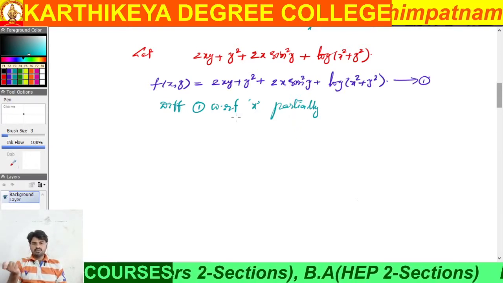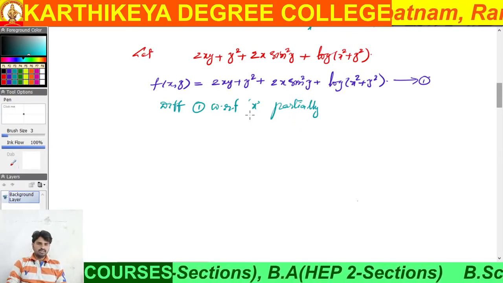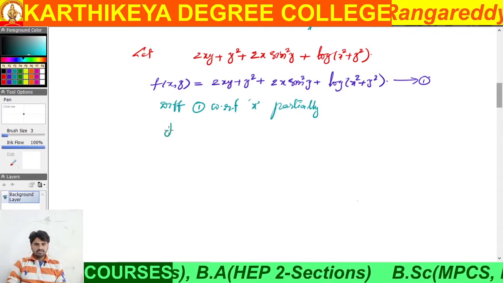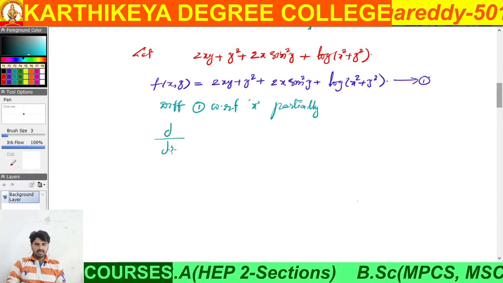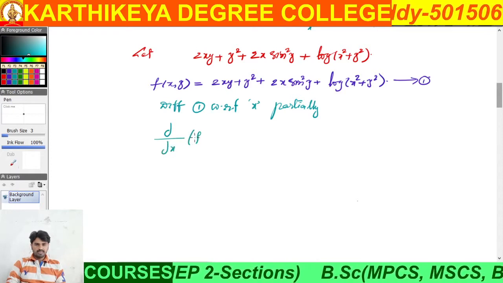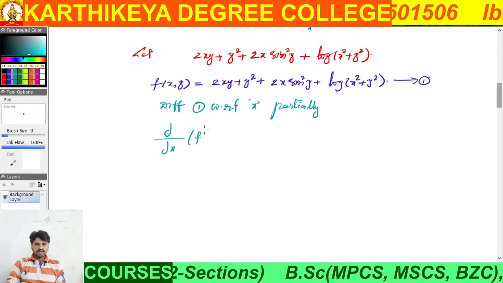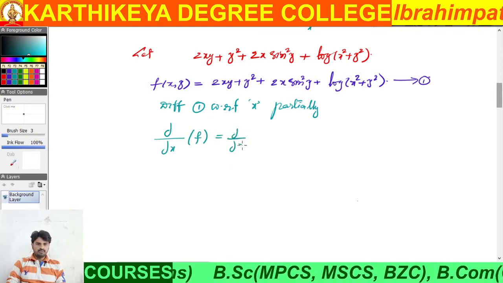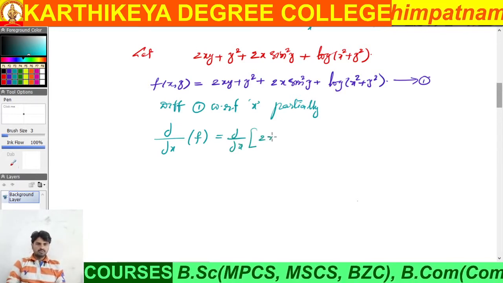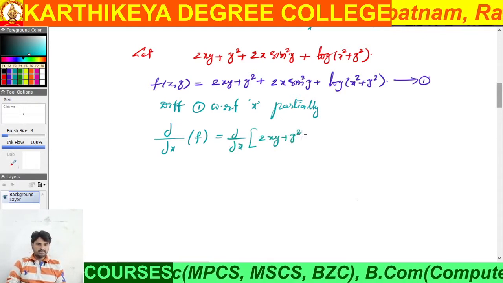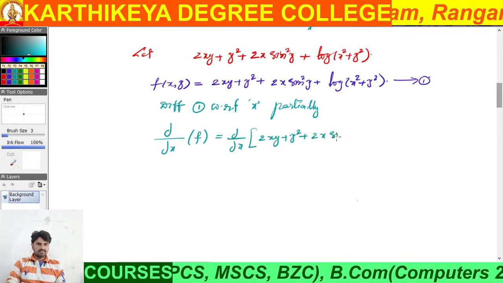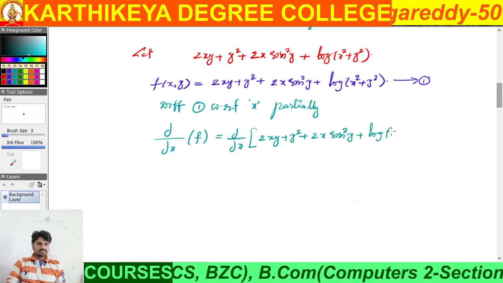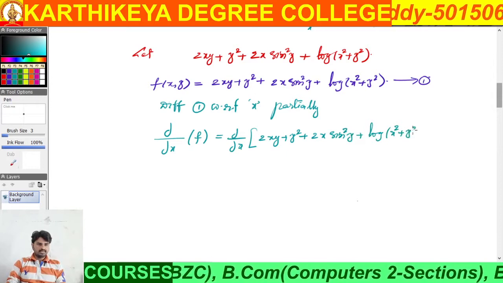So with either of the variables. Suppose I am going to differentiate this with respect to x. The partial derivative can be written as dou by dou x of f, where f of x, y is f here. Now dou by dou x of 2xy plus y square plus 2x sin square y plus log of x square plus y square.